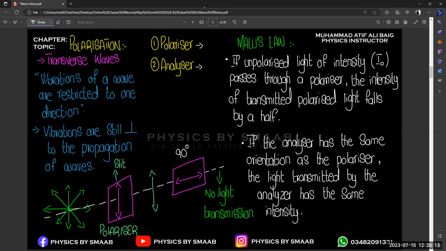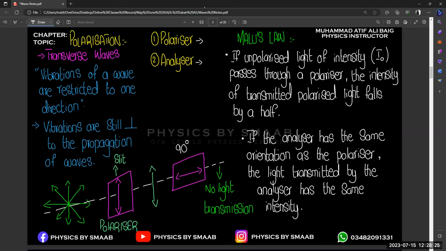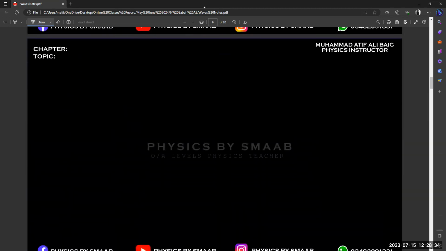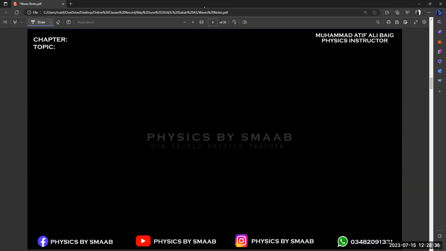So this is the second type of situation that is going to happen in the Malus law condition. But now let's talk about the initial conditions, that how it is going to be possible, or what are the consequences of Malus law. The second thing is, let's suppose the analyzer is at any random or different angle, right?